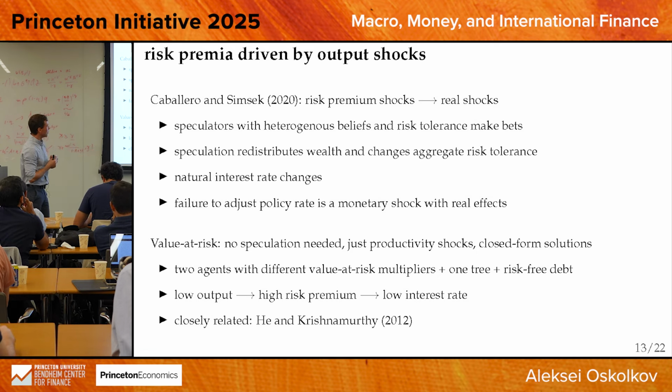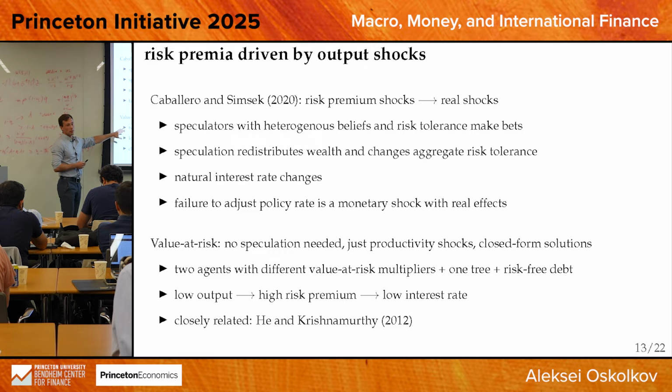So what I'm going to show you here is a way to simplify this first part, how shocks that redistribute wealth affect market prices for risky assets. They have speculation in their paper, people with heterogeneous beliefs and heterogeneous risk tolerance. They make bets on the economy, bets go off, and then there's wealth redistribution. What I'm going to show you is just 2 agents with different gammas.